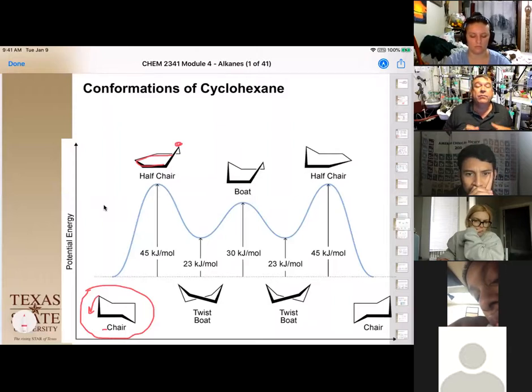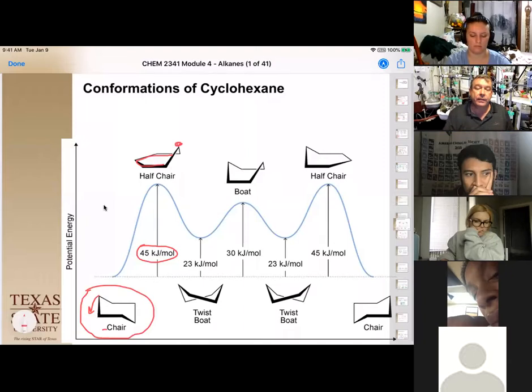You're forcing a whole bunch of those atoms into an eclipsed configuration, and we see it's about 45 kilojoules per mole to get to that position. Which means in a hot liquid, you're going to have some of it going from chair to chair and back and forth.